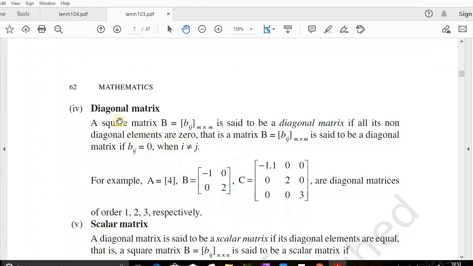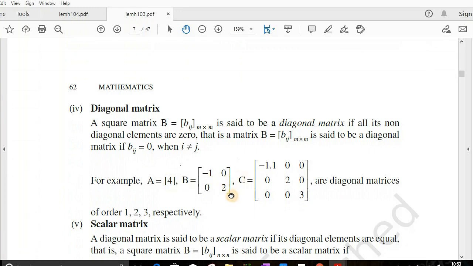Why are diagonal elements important? Because the next type of matrix is the diagonal matrix. A matrix is said to be diagonal if all its non-diagonal terms are 0. For example, this is a matrix of order 1 by 1, so it's a square matrix of order 1.